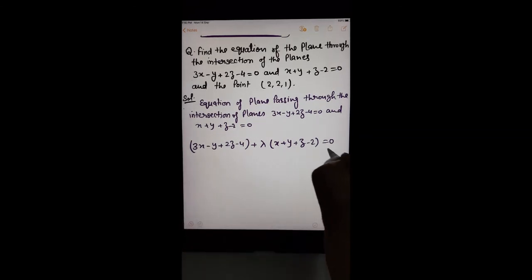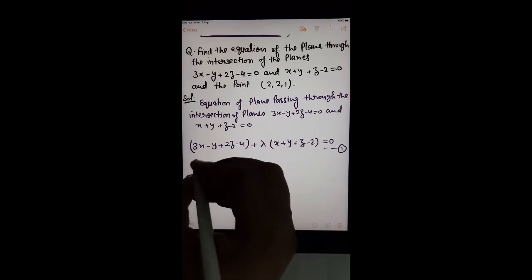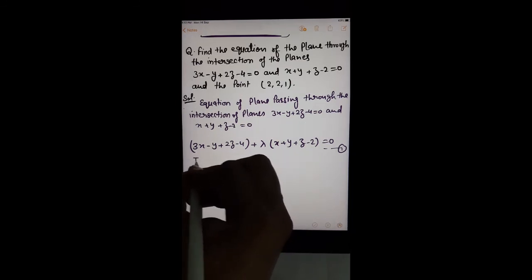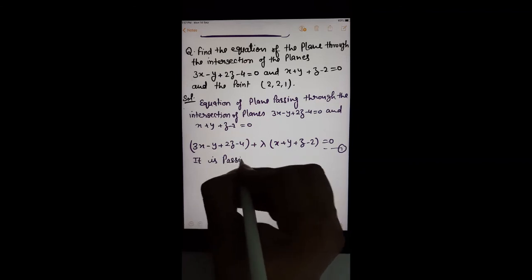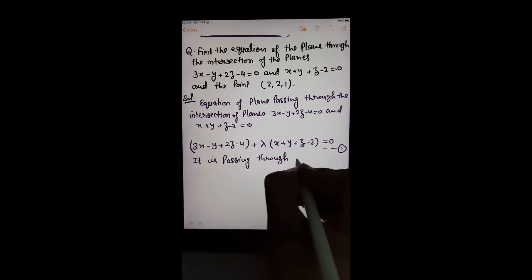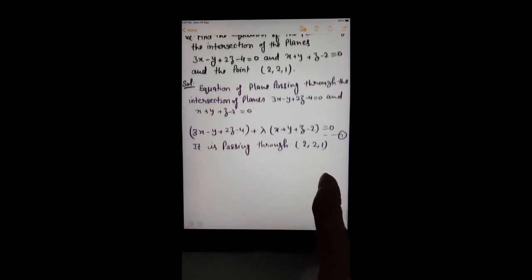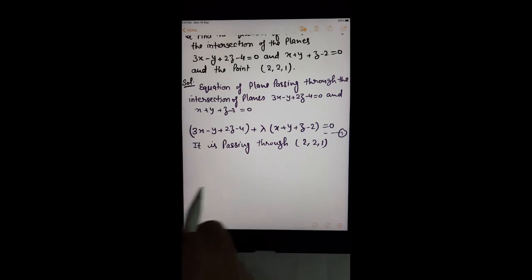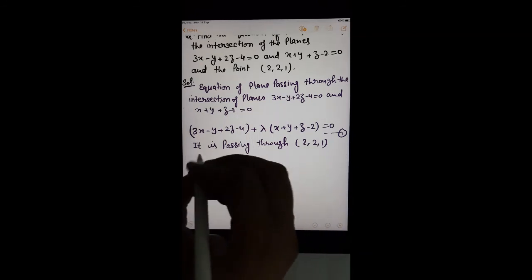Now take it as equation 1. This plane is also passing through (2, 2, 1). So this point satisfies this plane. So place the values 2, 2, 1 in place of x, y and z.